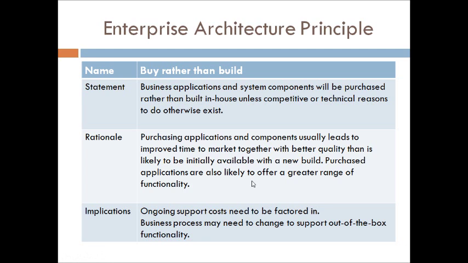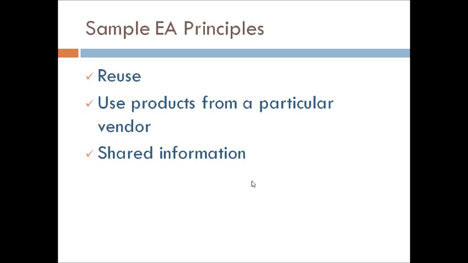We have seen the details of enterprise architecture principle with an example. This is one example, and there is a vast variety of enterprise architecture principles. A few of them include reuse, meaning reuse whatever existing assets are in the architecture, and use products from a particular vendor, for various reasons, quality reasons or finance reasons, whatever it may be.